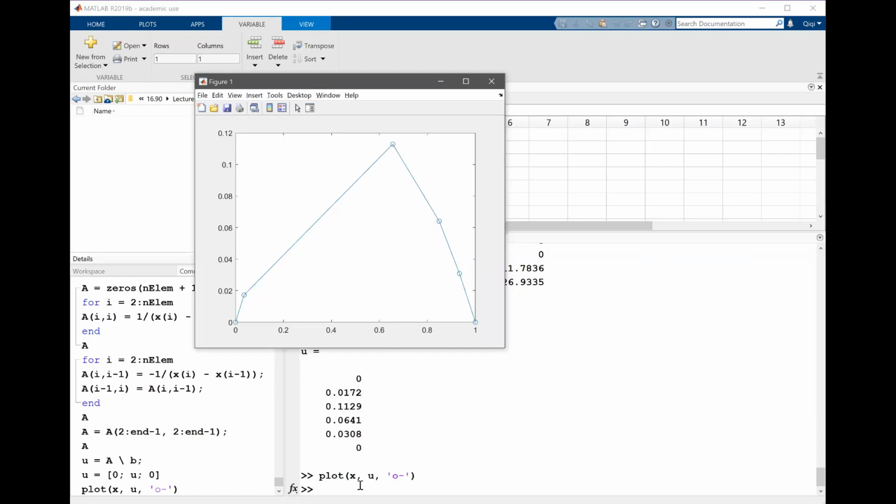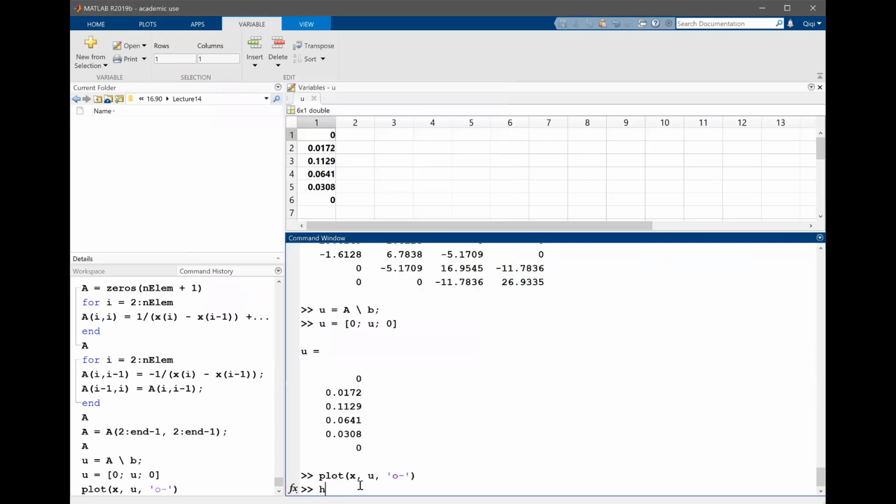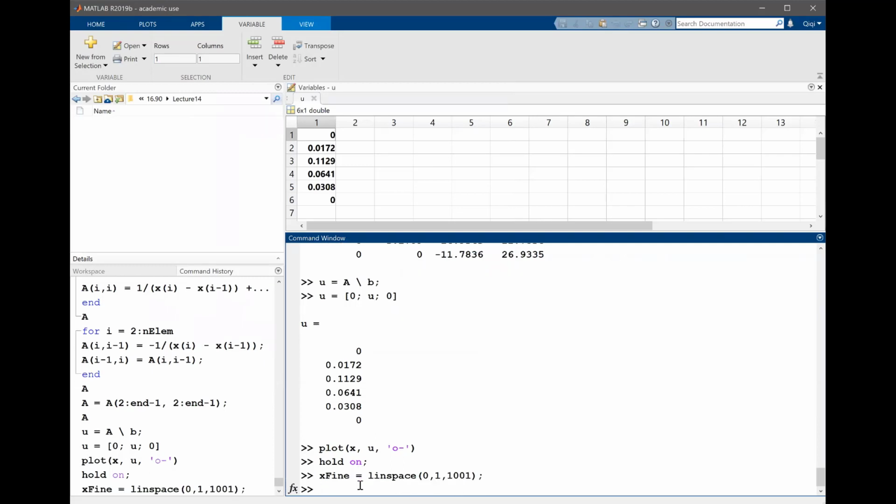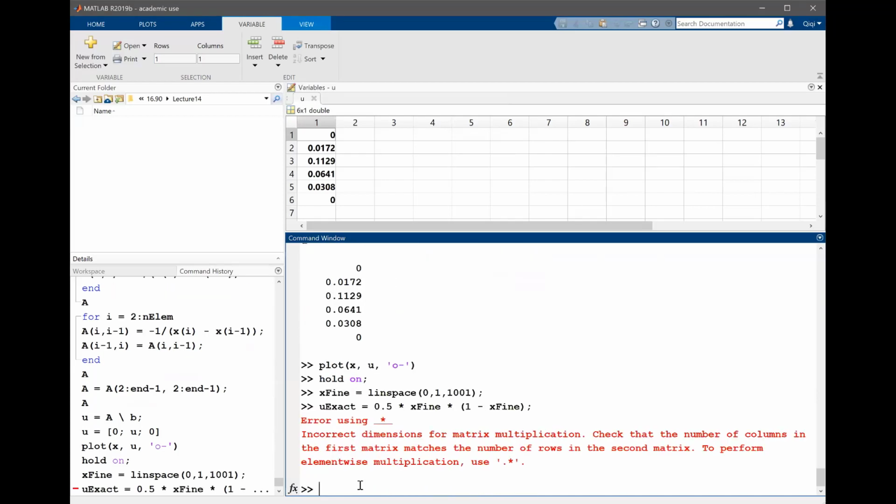Let's plot the parabola on top of this to see how the approximation looks. So x, let's say linspace from 0 to 1. Let's give it 1001 points. And the u exact is going to be equal to, well, if I want a second derivative of 1, I need to multiply 0.5 times x fine times 1 minus x fine. That'll give me the correct boundary condition.